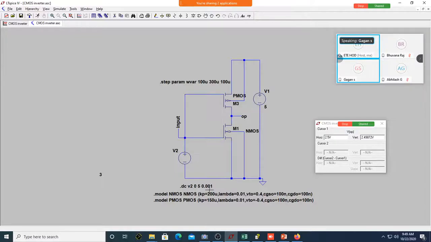As I said here, the ratio of W by L should be equal to the ratio of Kp. The dimension of your PMOS transistor should be greater than the dimension of your NMOS transistor by mu n by mu p. Mu n by mu p. Getting?